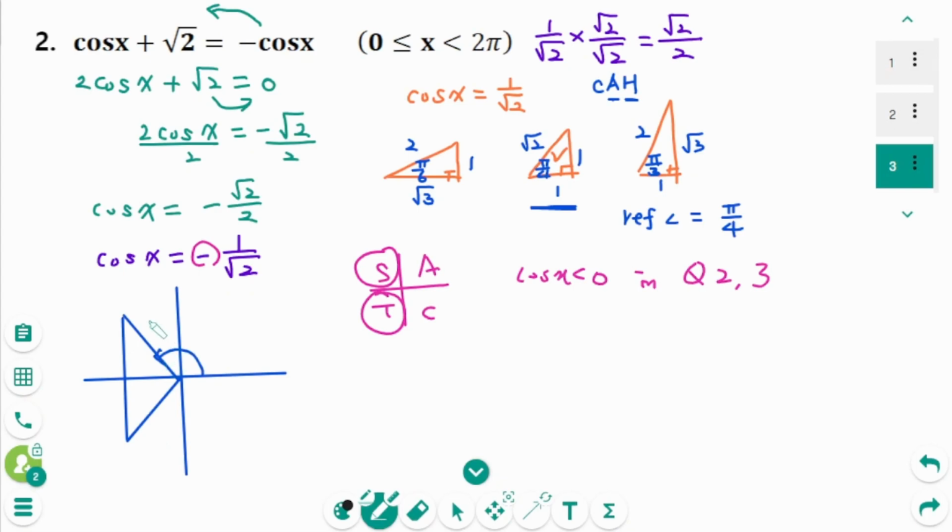The first one is pi minus pi over 4, which is 3 pi over 4. Second one is pi plus pi over 4, which is 5 pi over 4. Then x equals 3 pi over 4 and 5 pi over 4.